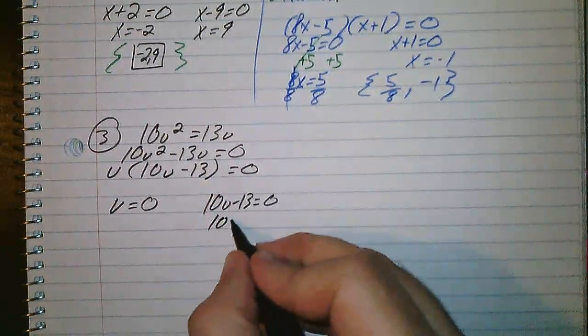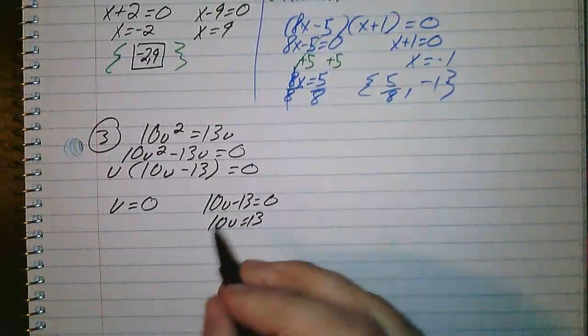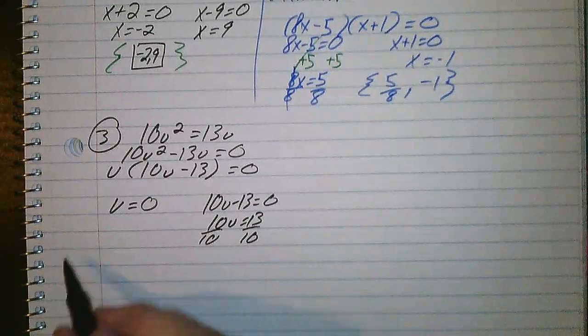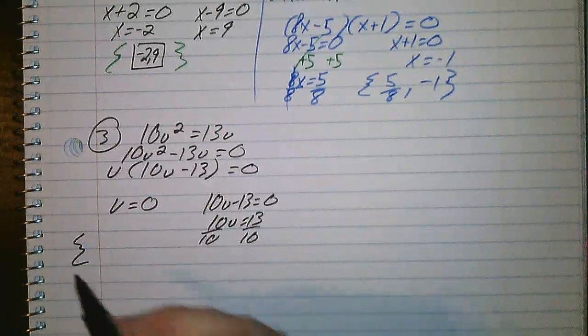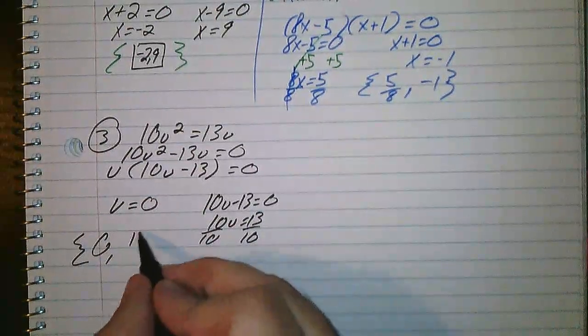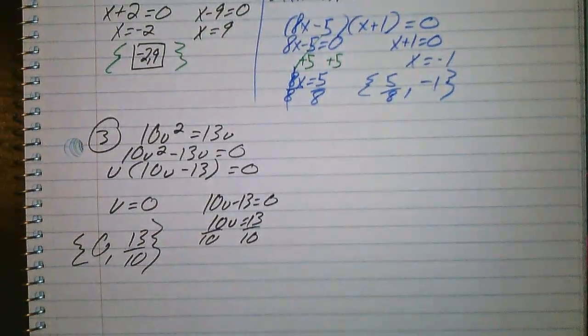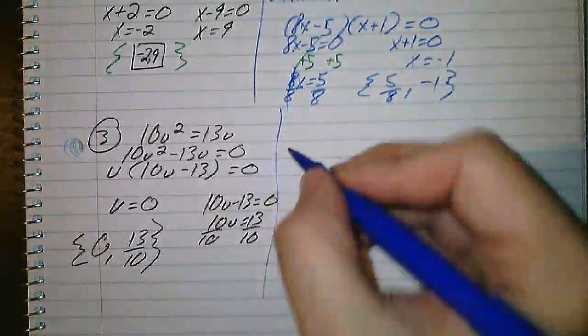Add 13 to both sides, and divide by 10. So that's our solution set, 0 and 13 tenths. Again, in ALEKS, put fractions unless it is asking for a decimal.